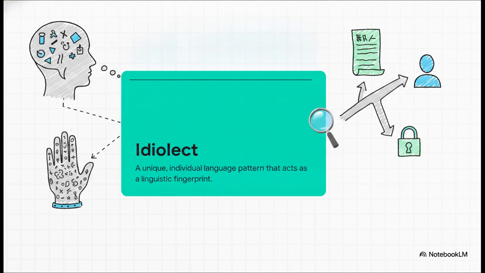Your vocabulary choices, the way you build your syntax, even your weird little punctuation habits, they all form an aggregate that is uniquely yours. And because no two people on Earth share the exact same idiolect, investigators can mathematically link a disputed text, like, say, a ransom note or a threat, to a specific suspect. It acts as a literal, undeniable linguistic fingerprint.